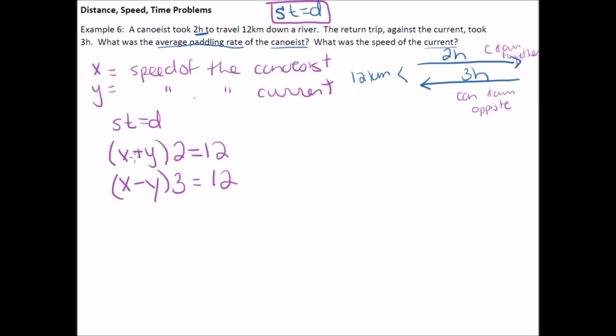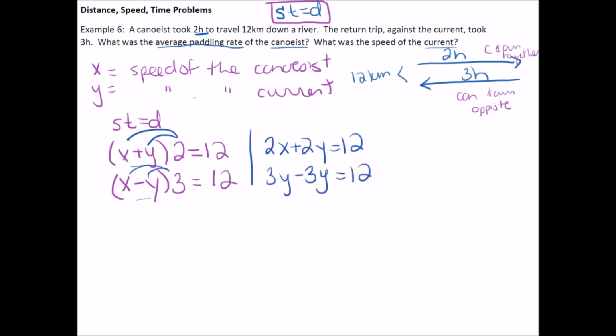The canoeist and current are working either together or apart, and that's going to be the total speed. So let's distribute the 2 into the bracket. We're going to have 2x plus 2y equals 12. And now let's distribute the 3 into the bracket. 3x minus 3y again equals 12.